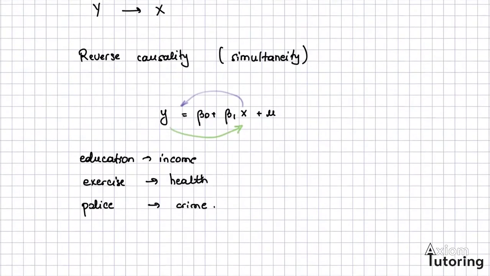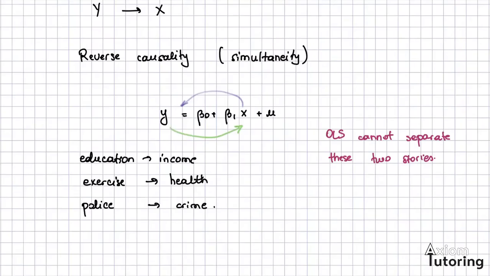And the thing is, OLS, unfortunately, cannot separate these two stories from one another. It just sees the correlation, and what it will do is attribute all of it to X.